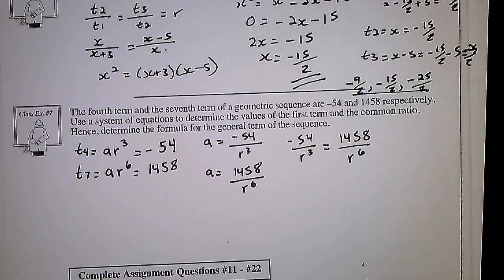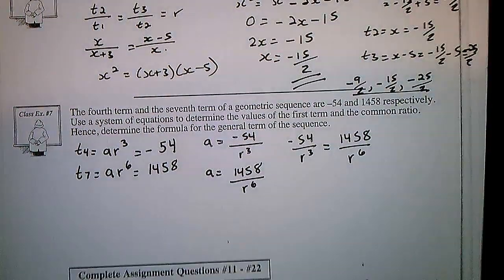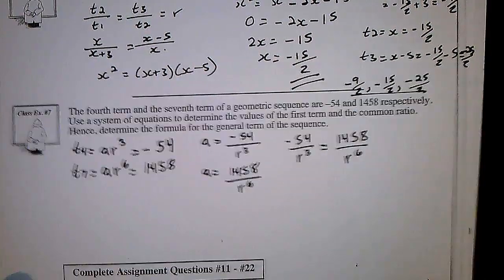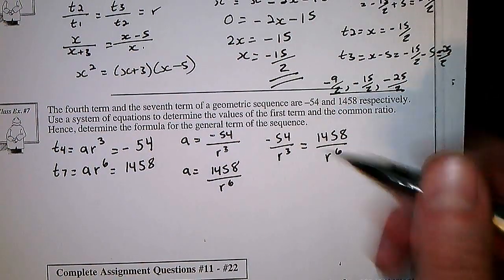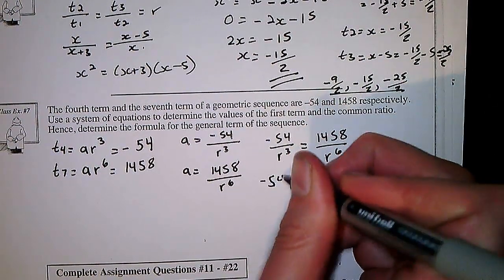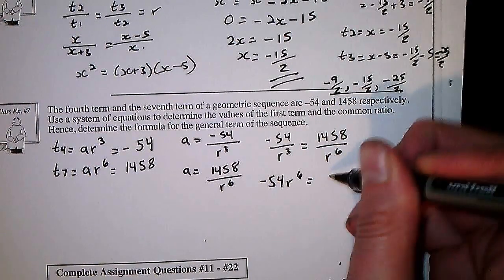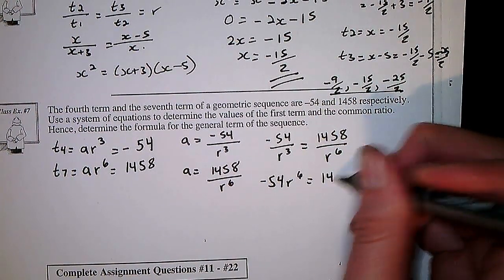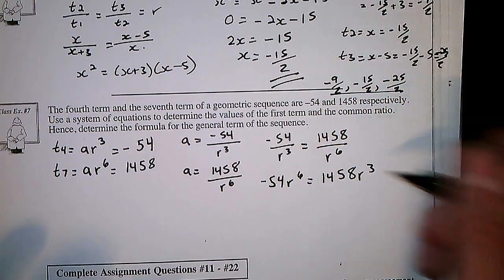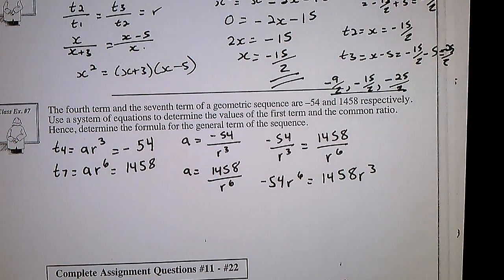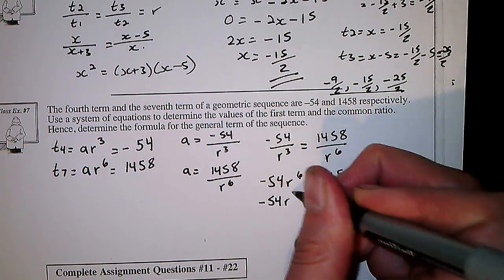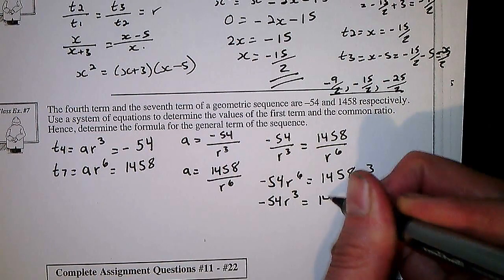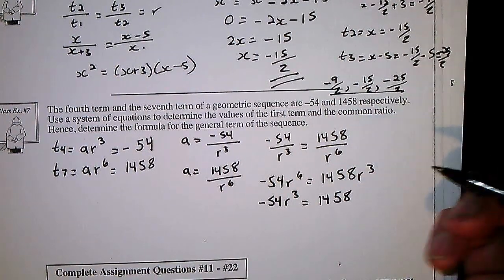So now I should be able to solve this by doing some algebra. I'm going to cross multiply, so I have negative 54 r to the 6 equals 1458 r to the 3. Now I'm going to divide both sides by r to the 3. That leaves me with negative 54 r to the 3 equals 1458.